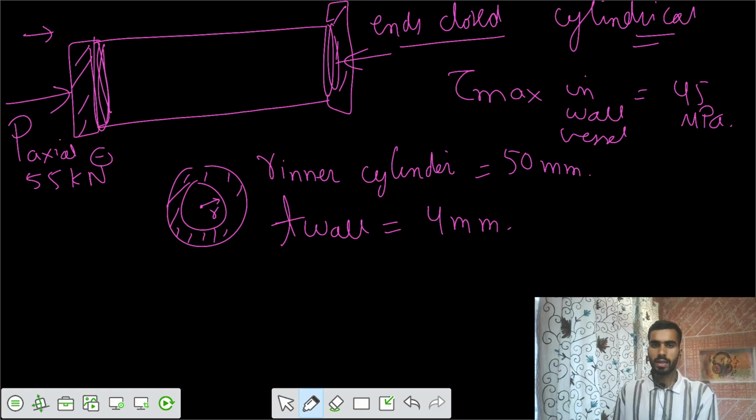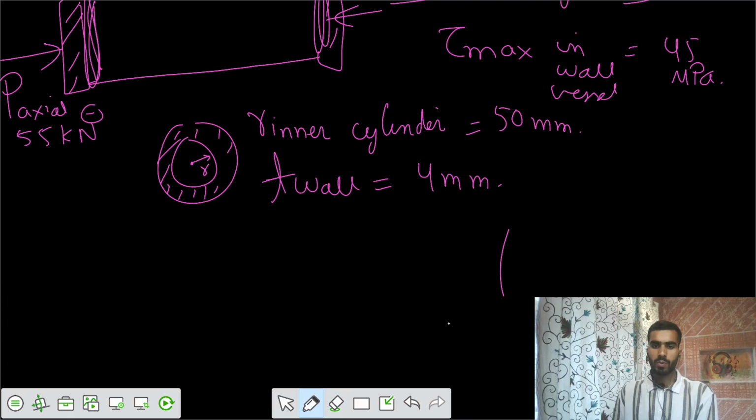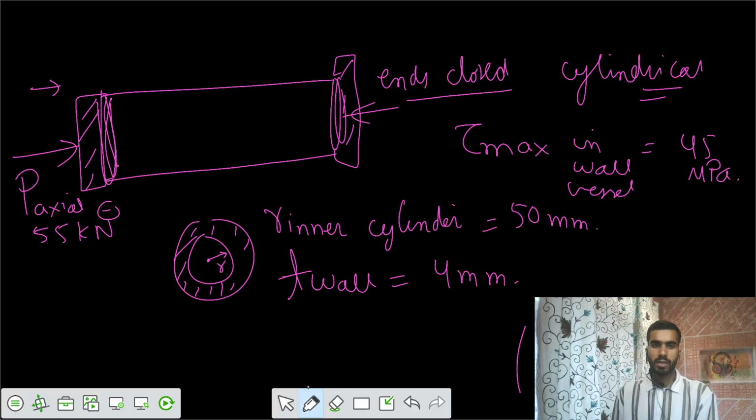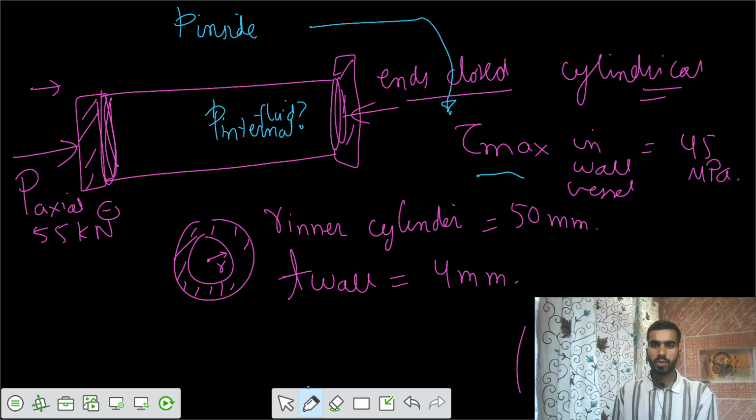This is the data provided to you, and you need to tell what should be the internal fluid pressure to be applied such that your tau max equals 45 megapascal.